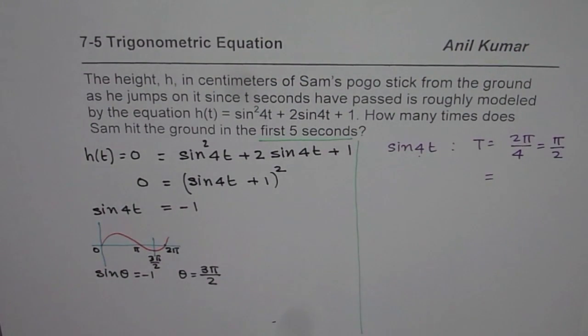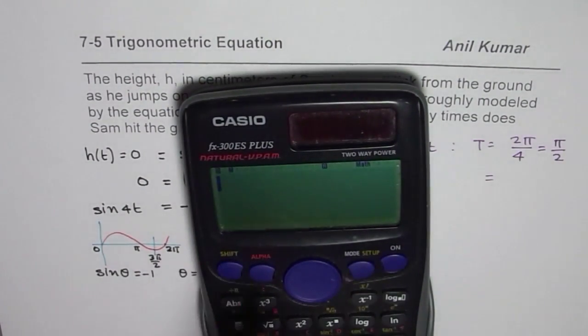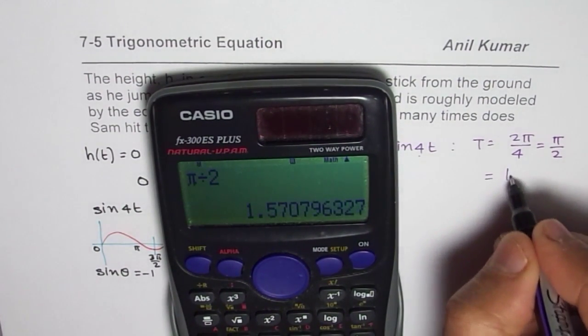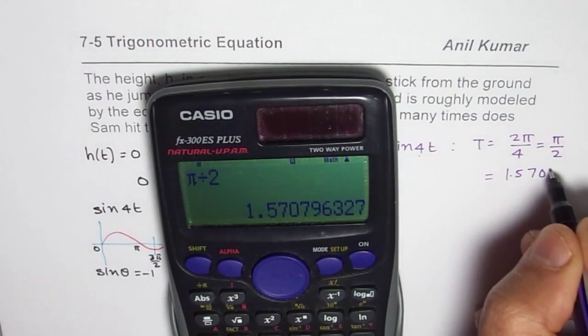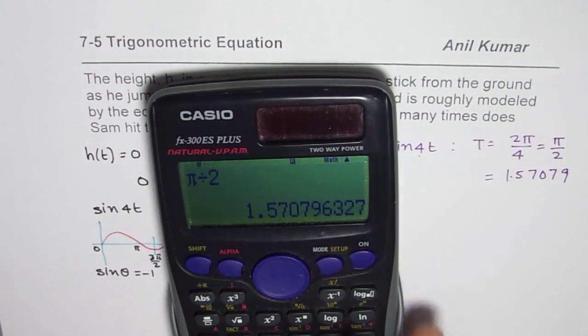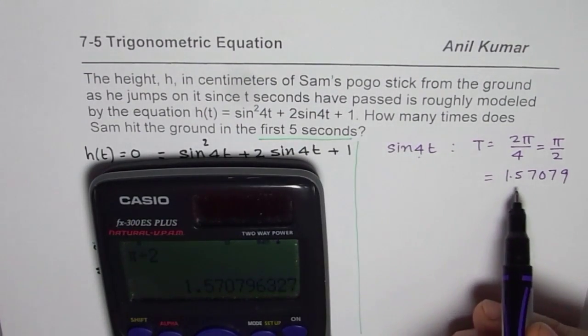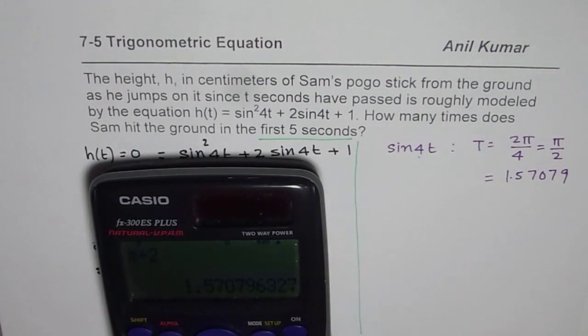Let's figure out the decimal equivalent of pi by 2. Pi divided by 2 equals, in decimals, 1.57079. Now in 5 seconds, approximately how many waves will there be?